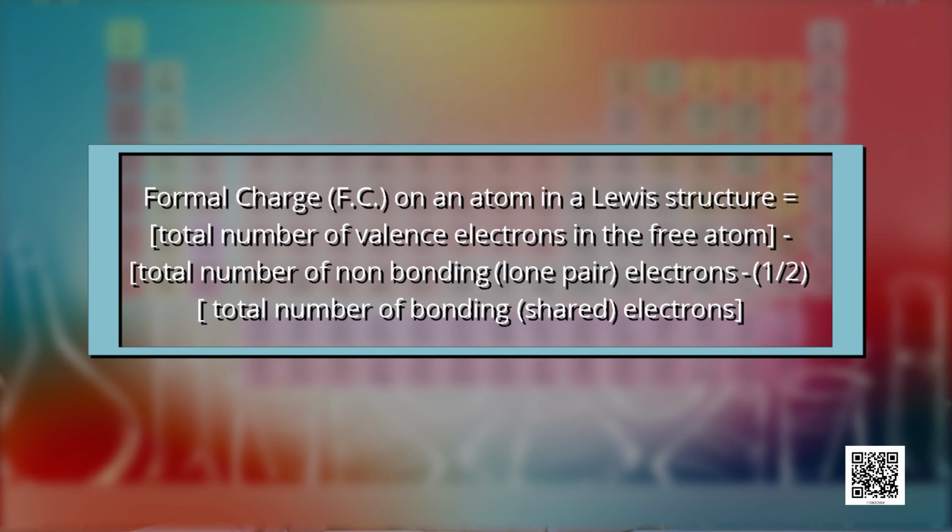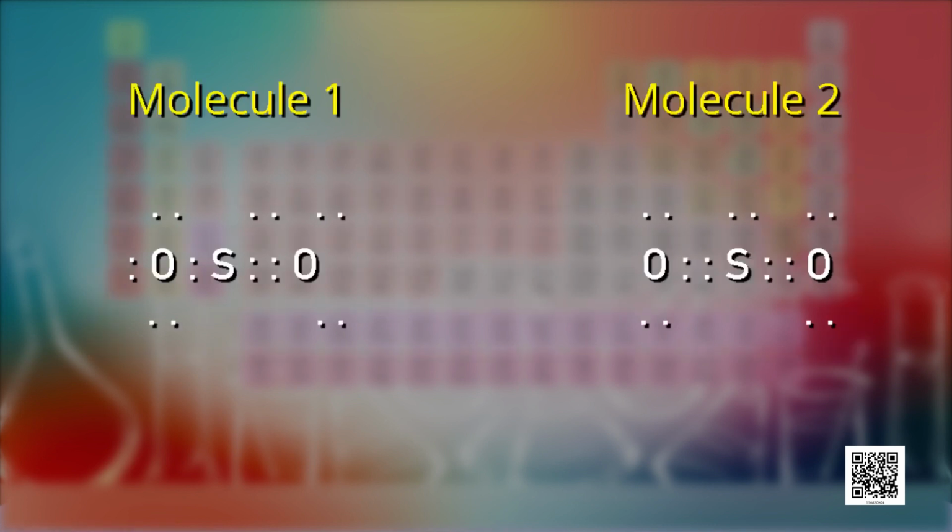Well, what does it say? It says formal charge on an atom in a Lewis structure is equal to the total number of valence electrons in the free atom minus the total number of non-bonding electrons, that is the lone pairs, minus the total number of bonding, that is shared electrons, divided by 2. So, let us use the formula and calculate the formal charges in these two SO2 structures.